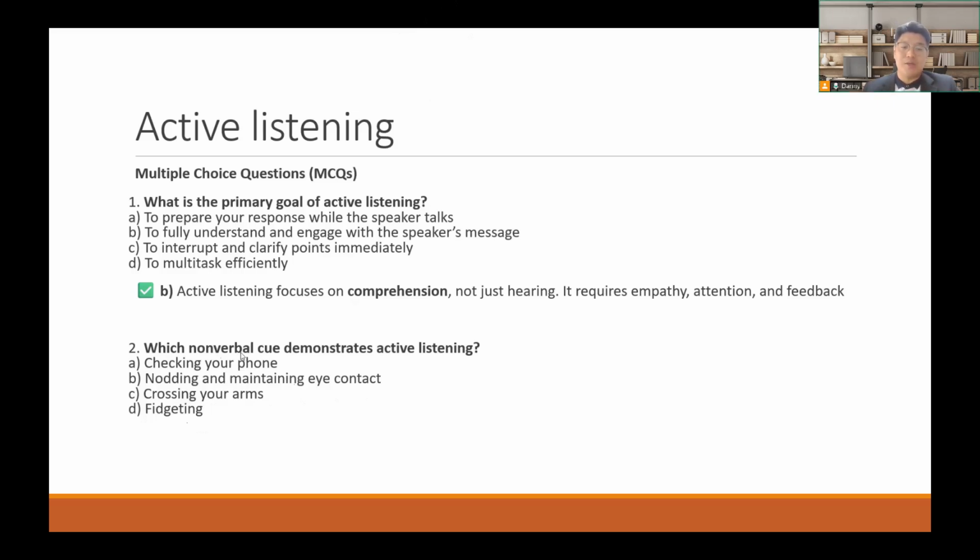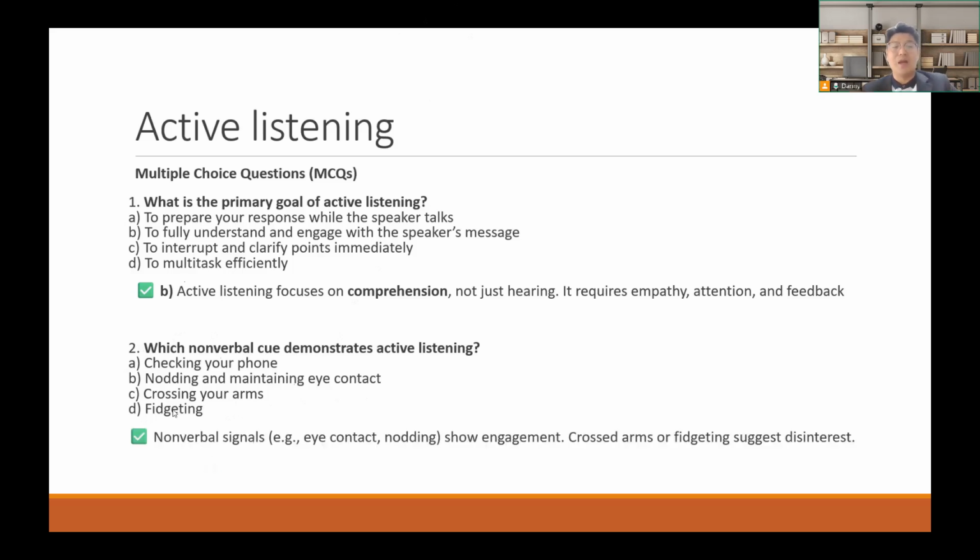Okay, hopefully you can get the answer quicker than the last one because it seems a little bit more obvious. Yes, that is B, right? Nodding and maintaining eye contact, because in doing some nonverbal signals, we try to show our engagement. For the others, checking phones, crossing arms, or fidgeting, all of them are not very good engagement behaviors.